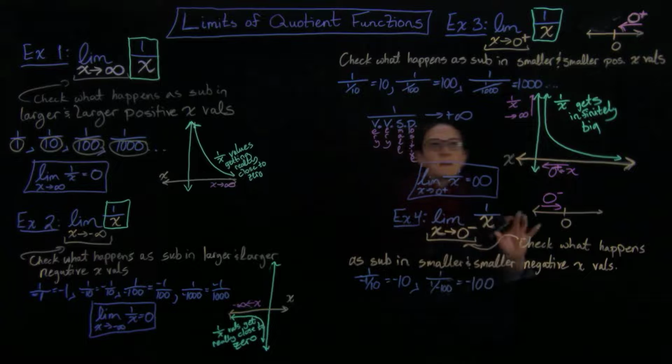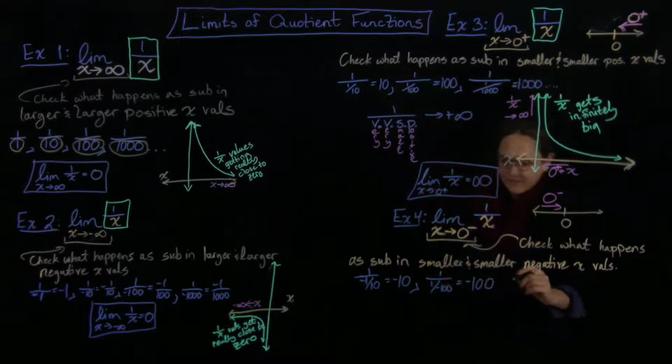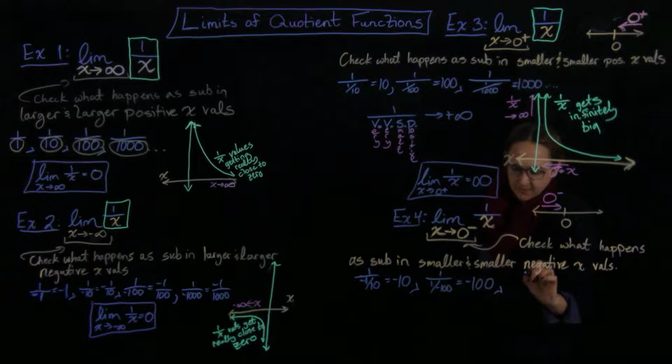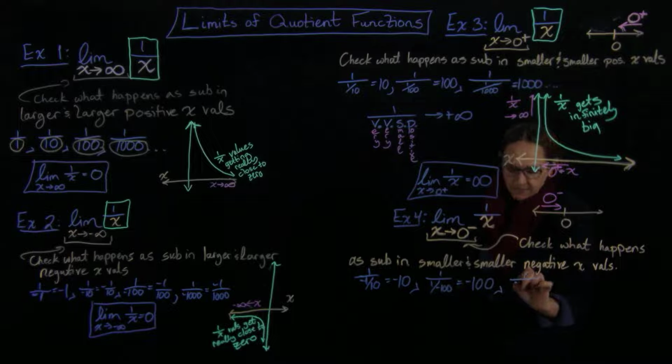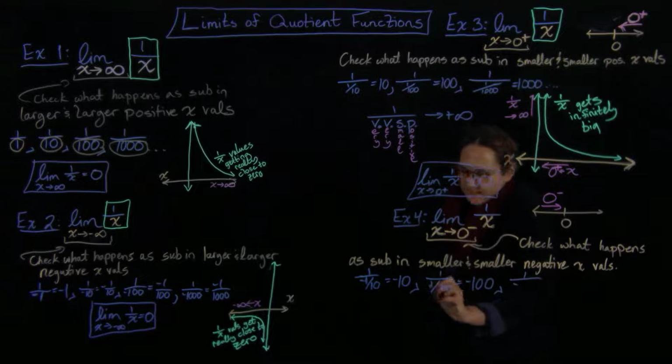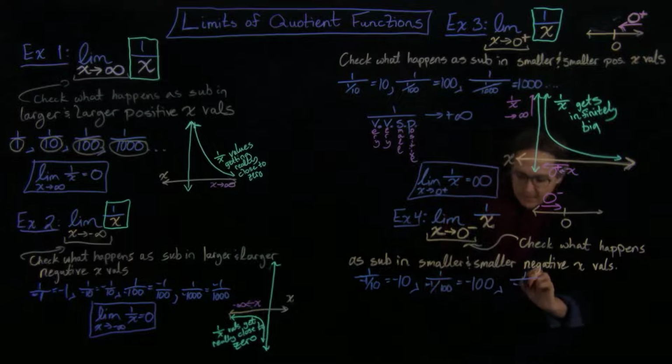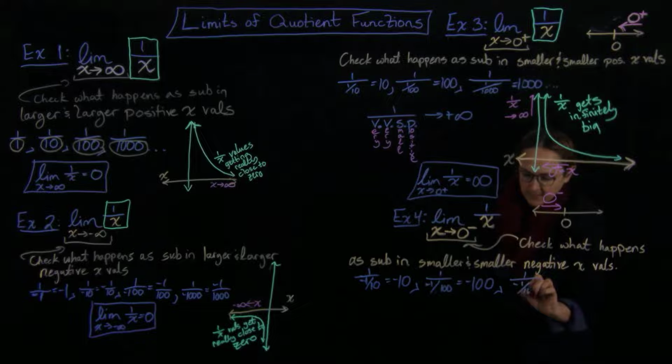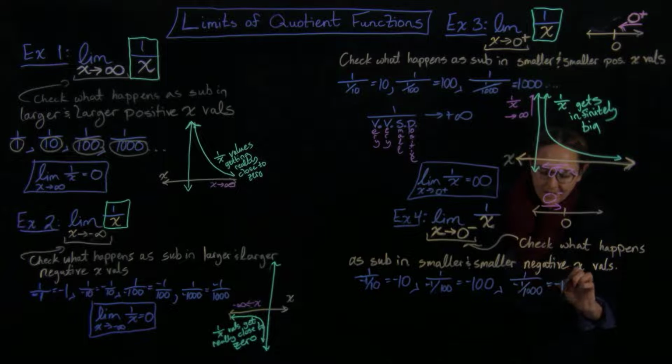You can figure out the pattern here pretty quickly. So 1 over minus 1/1,000 is going to equal minus 1,000.